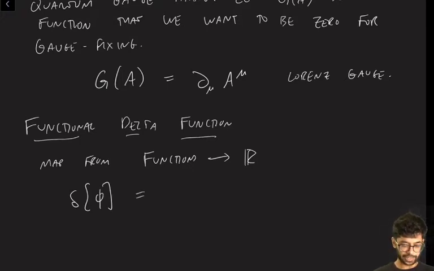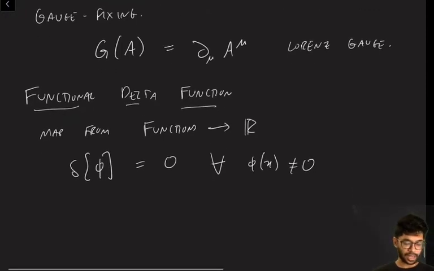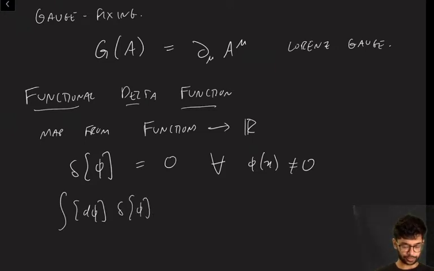Delta of phi, which is a map from functions to the real numbers, so you stick in some function phi and you get some number out, it's equal to 0 for all functions that are not the zero function. Okay. And furthermore, it's also true that the functional integral over all phi of the functional delta function is equal to 1.